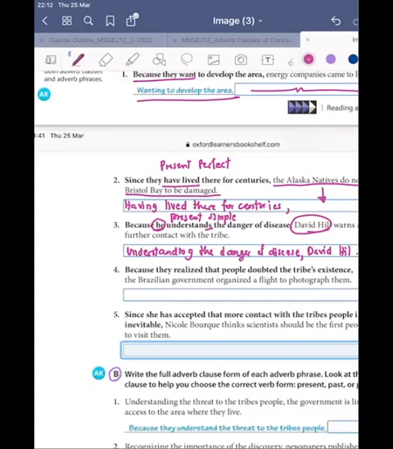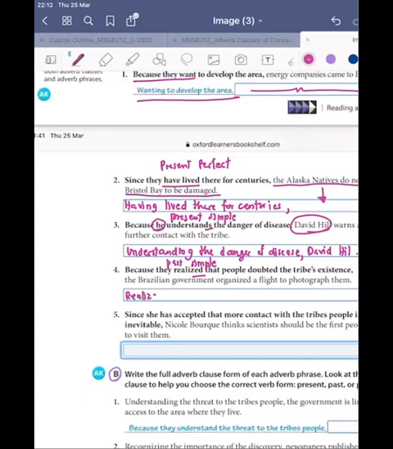Okay. Number 4, because they realized, okay, past tense, past simple. As we were saying, if it's present simple or past simple, we change that to ing. Okay, because they realized that people doubted the tribe's existence, the Brazilian government organized a flight to photograph them.